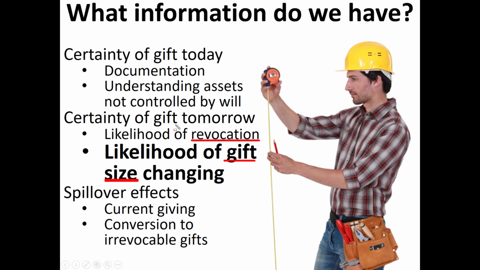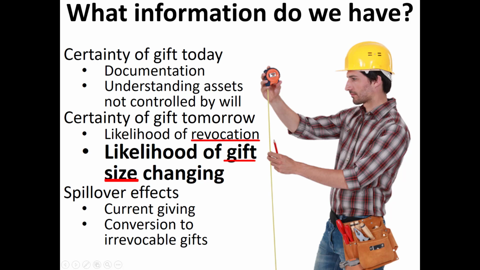Okay, so for example, if you've got a gift that was let's say originally listed as $1,000, and then in a new document it is listed as $10,000. Okay, that means the gift went up. Or if it's listed as $500 now, that means the gift went down. The likelihood of gift size changing is more common if we've got a percentage gift.